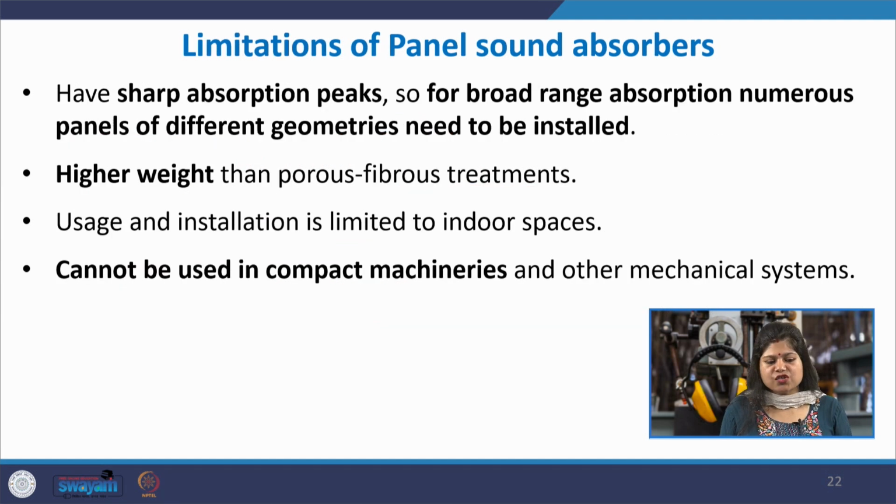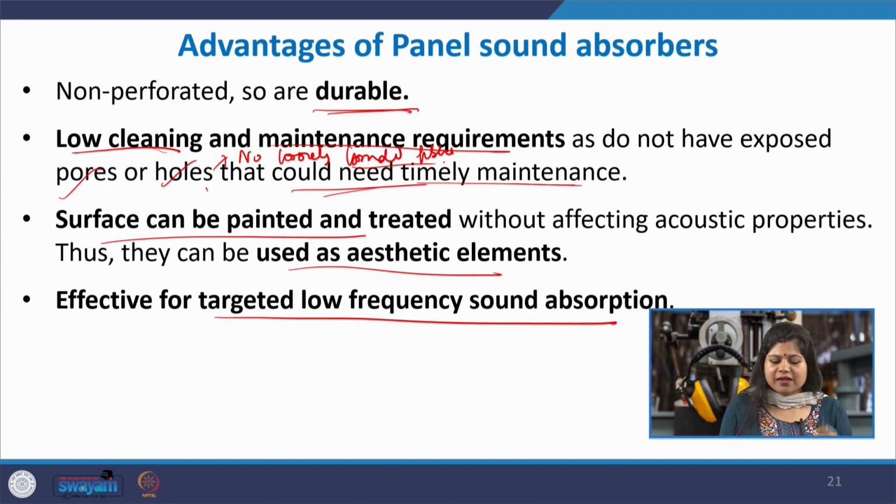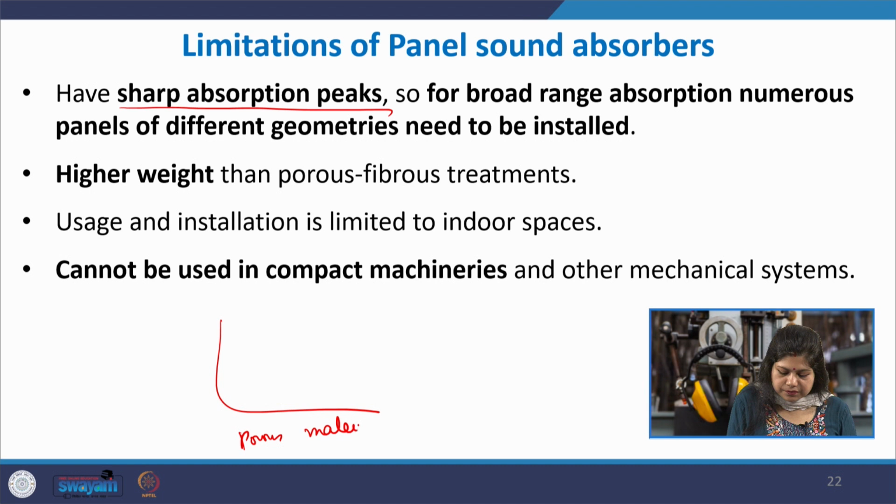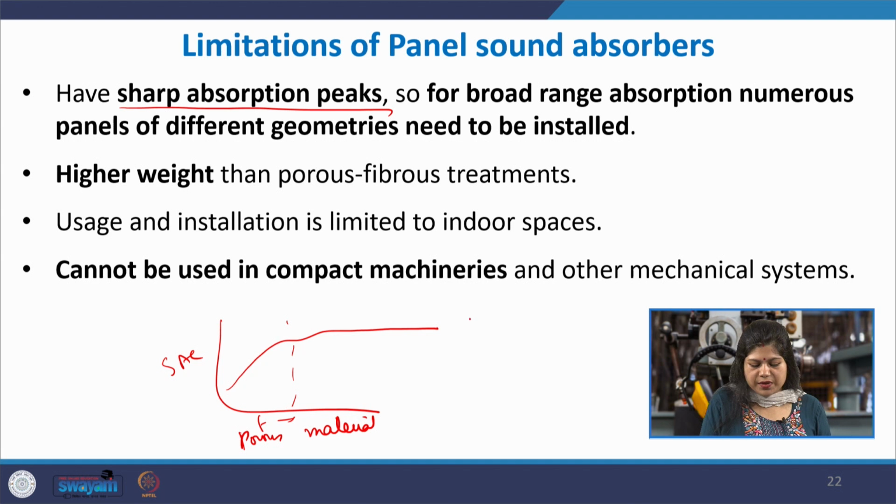What are the limitations? Now, although they can give you targeted low frequency absorption, I mean targeted means that only at a certain range. So, typically the absorption peaks are very sharp in nature, okay. For a porous material, let us say this is your absorption, it looks like this, very broad band after a certain frequency range, poor at low frequencies.